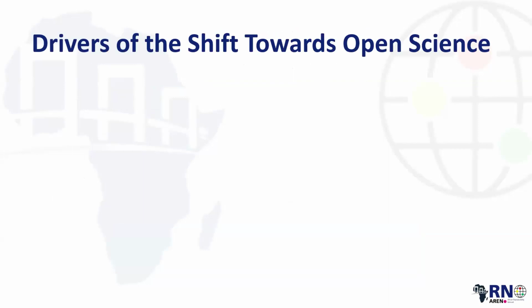So you might wonder what were the drivers that sort of pushed the shift towards open science. And I think most of us experienced these drivers, but we'll try to pin them down into certain points. There were so many drivers that shifted towards open science, but we will mention 4 of the most important drivers. And the first one was the reproducibility crisis.